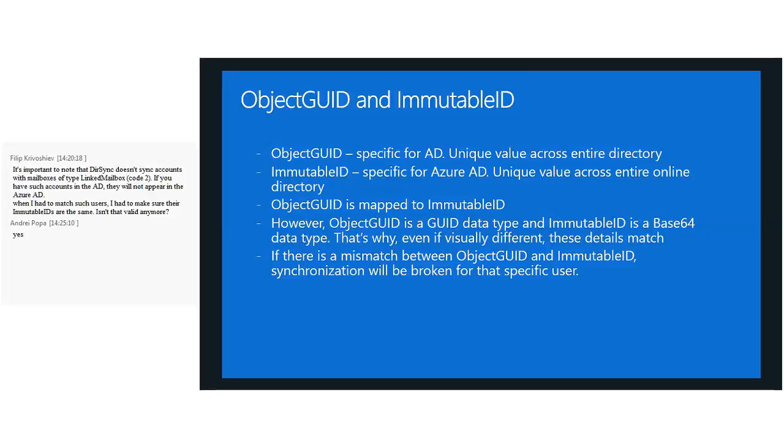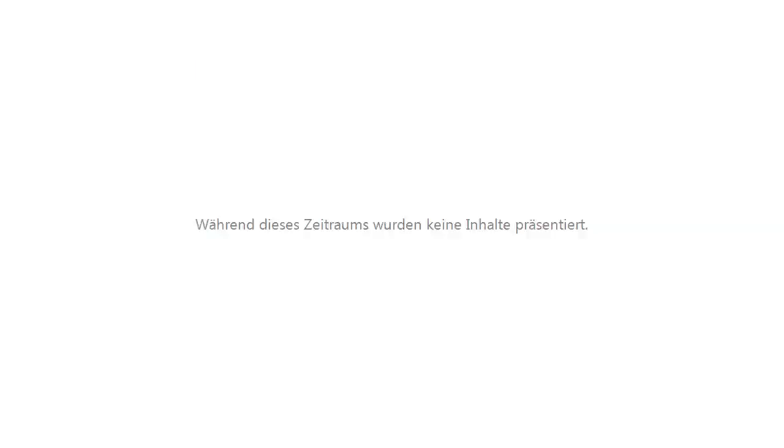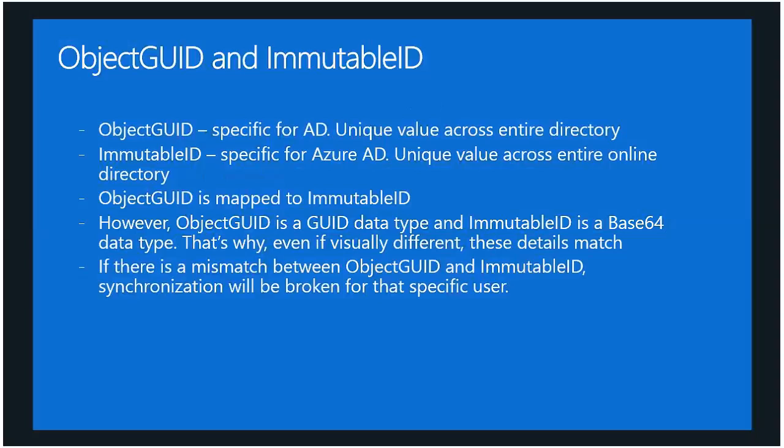In order to do that, we need an attribute that we have a technical guarantee is really unique across the local Active Directory, and this is the object GUID. That's why Azure AD Connect takes this attribute as a reference to identify the identities that it needs to synchronize to Office 365. And this attribute is in a GUID format.